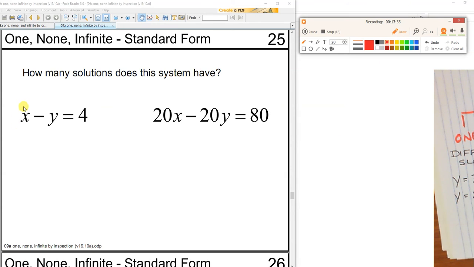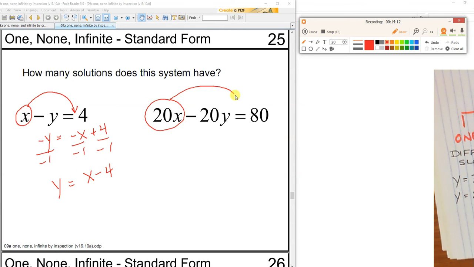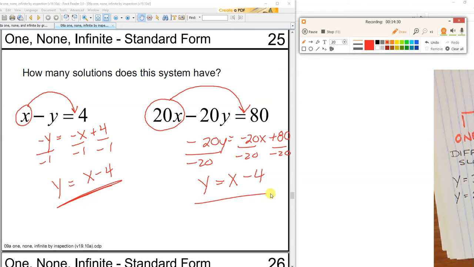All right. Move the x. Divide by the y. Oh, y equals x minus 4, y equals x minus 4.